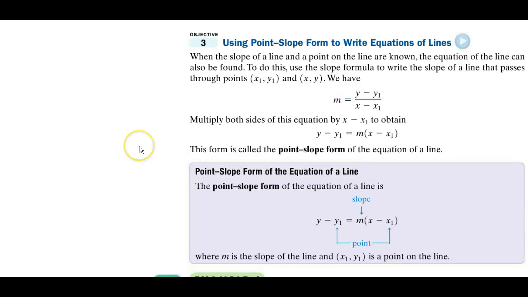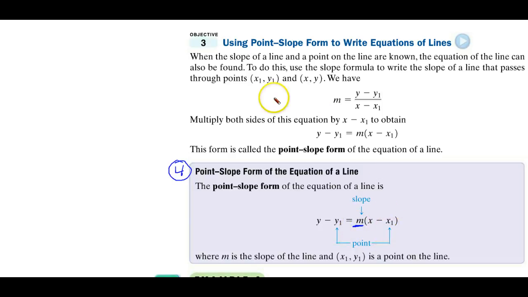Now, in closure of chapter 3, we finally get to use this formula that we are calling the point-slope form, formula 4, in which you have the slope and 1 point.